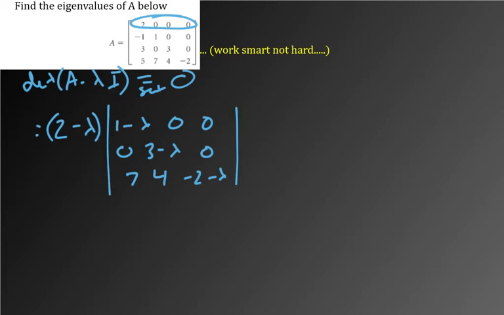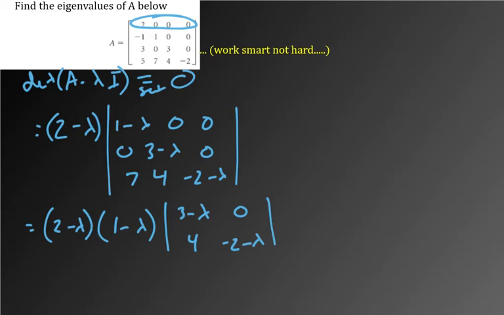And then, again, I would go along, let's say, the top row, right? So you get 2 minus lambda times 1 minus lambda times now the determinant of 3 minus lambda, 0, 4, negative 2 minus lambda. And you can see that you're getting that same nice multiplication on the diagonal, right?